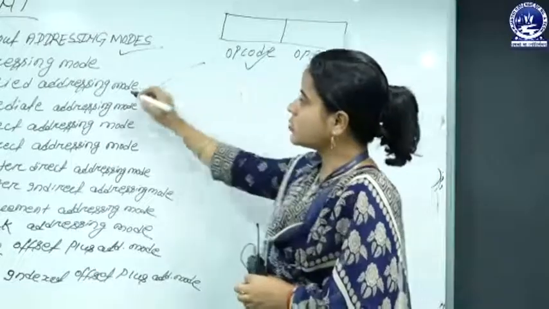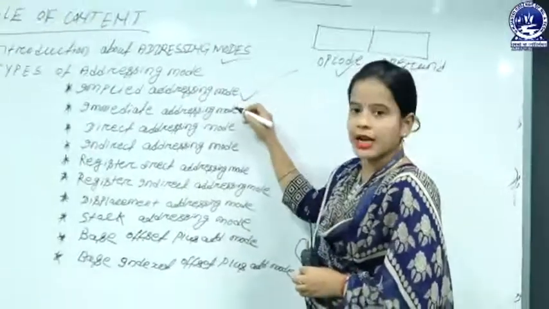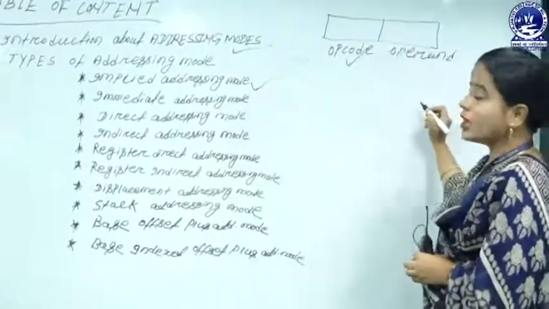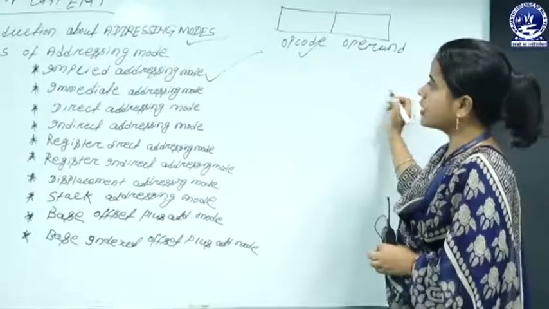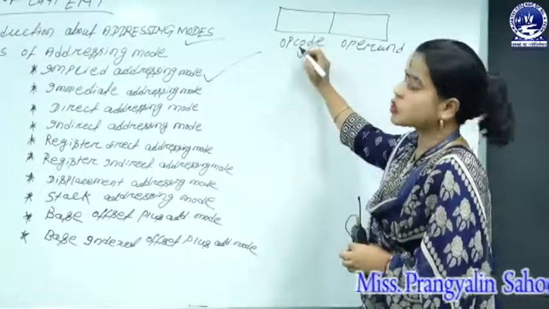Whenever we use the implied addressing mode, the operand data value is located within the given instruction.